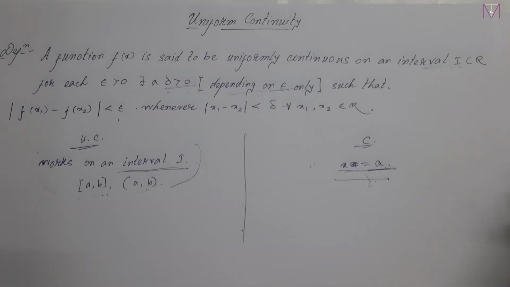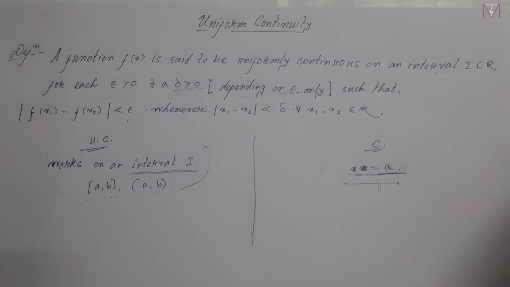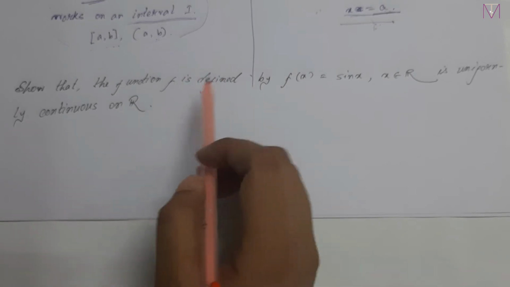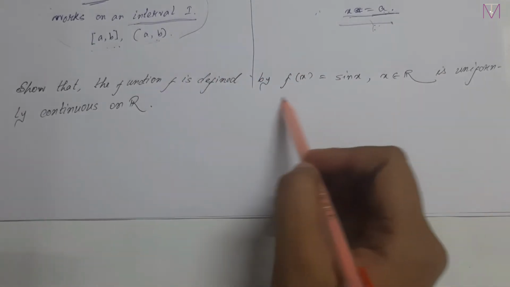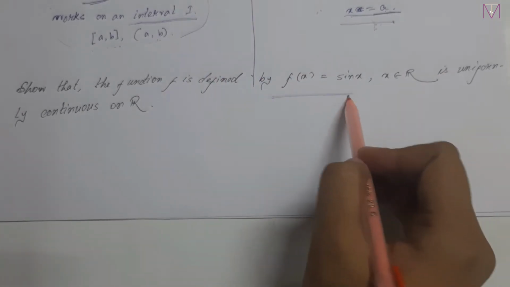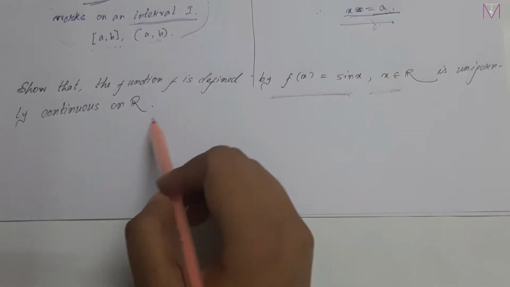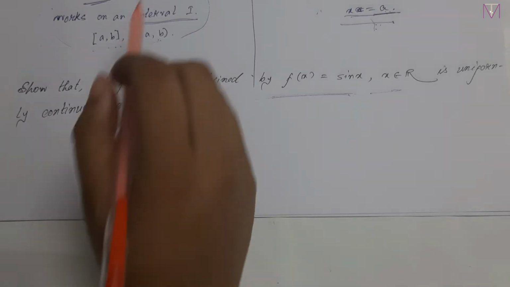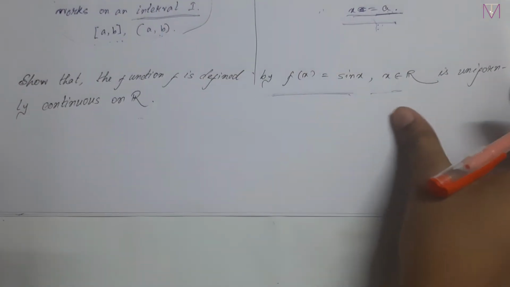Now we will discuss some examples. This is the question: we have to show that the function f(x) equal to sin x is uniformly continuous on R, where x belongs to R. So let's try by our definition.